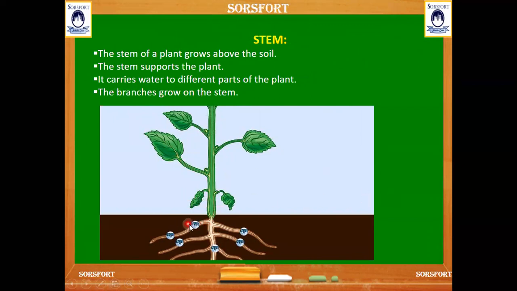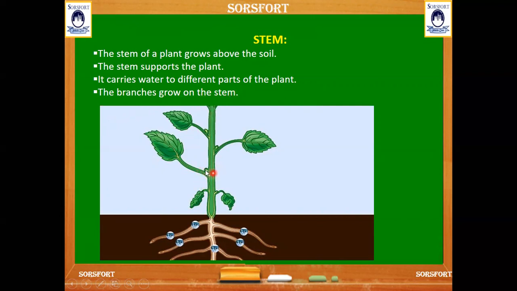The roots absorb the water for the plant and the stem carries it from the root and supplies it to all branches, leaves, fruits and different parts of the plant. The branches grow on the stem.